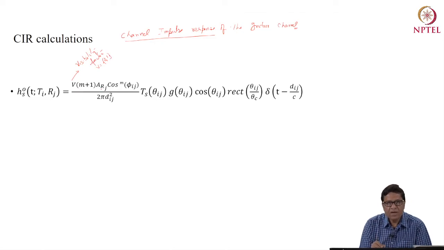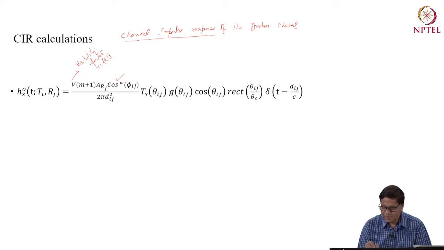ARj is the total collection area of the jth receiver, and cos^m phi_ij is the radiation pattern of the Ti source.